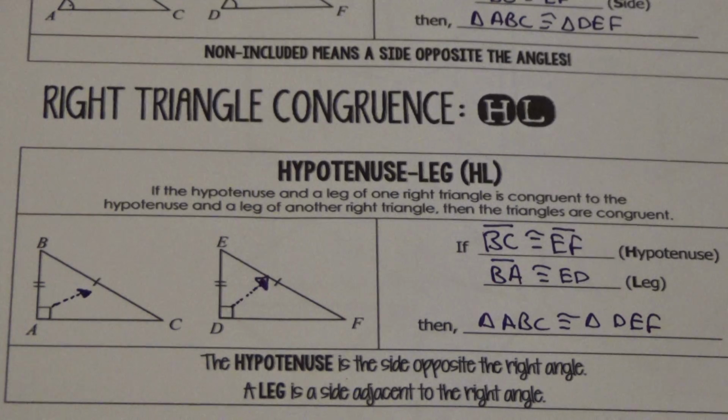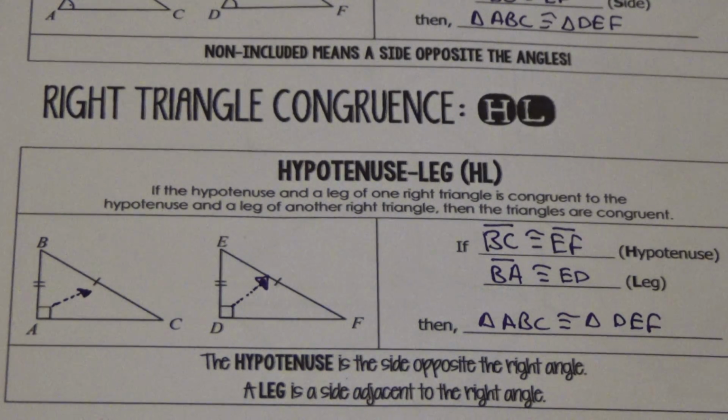So it says if the hypotenuse and a leg of one right triangle are congruent to the hypotenuse and a leg of another right triangle, then the triangles are congruent. Again, all you need here is a hypotenuse that is congruent and just one leg, not both of them, just one leg of the right triangles that is congruent as well.